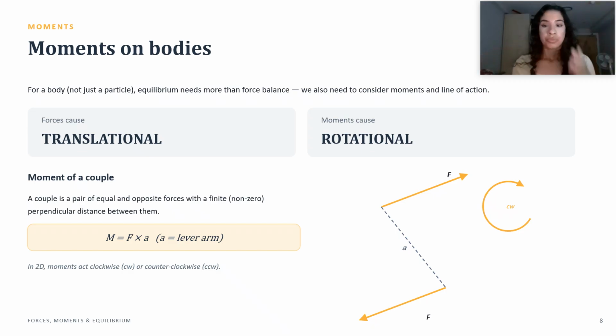Then you have the perpendicular distance between them. To find the moment on it, because both forces are equal, we just take one of the forces and multiply it by the distance between them. That distance is the lever arm, the distance between the first force and the second force.